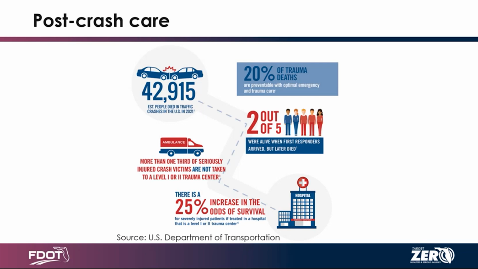More than 1/3 are not taken to a level 1 or level 2 trauma center, whether that's because one doesn't exist in the area, or maybe it just takes too long to get the person there. And then there's a 25% increase in the odds of survival if a patient is treated in a hospital that is a level 1 or level 2 trauma center. So thinking about that, when we're designing transportation systems, how can we make them accessible to the best quality post-crash care that we can provide?